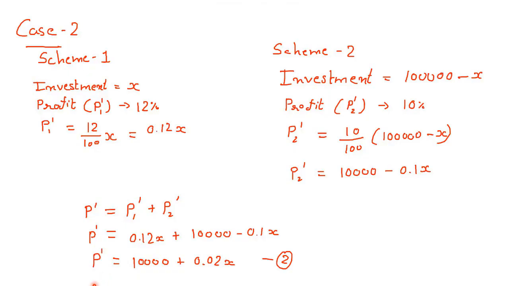So profit in the second case, P dash, will be equal to 10,000 plus 0.02 X.